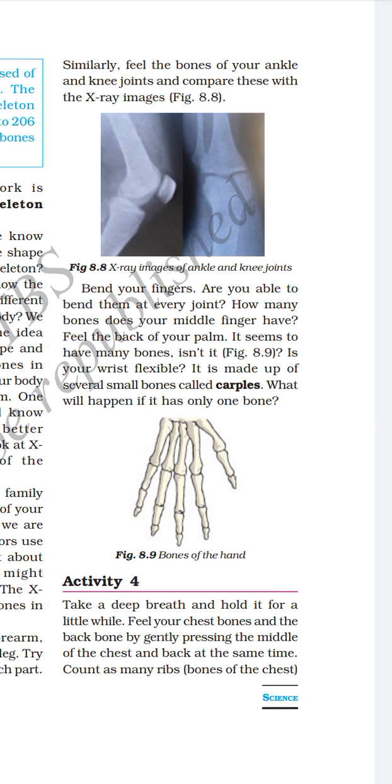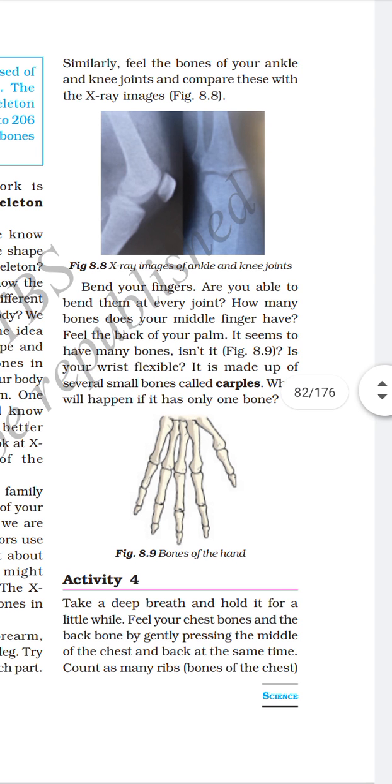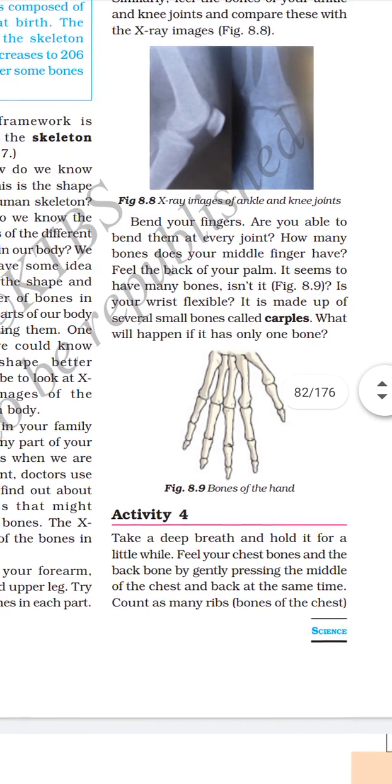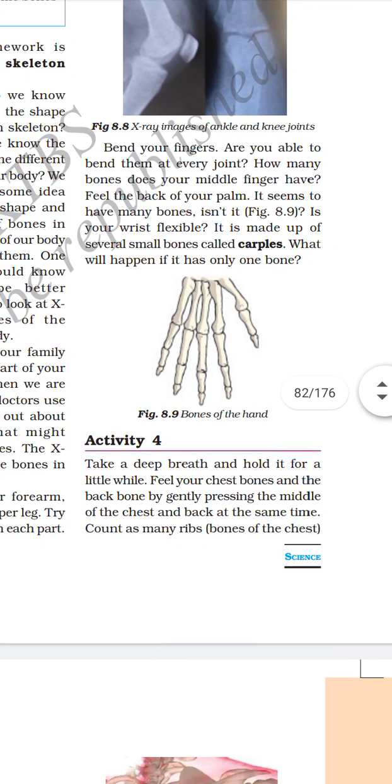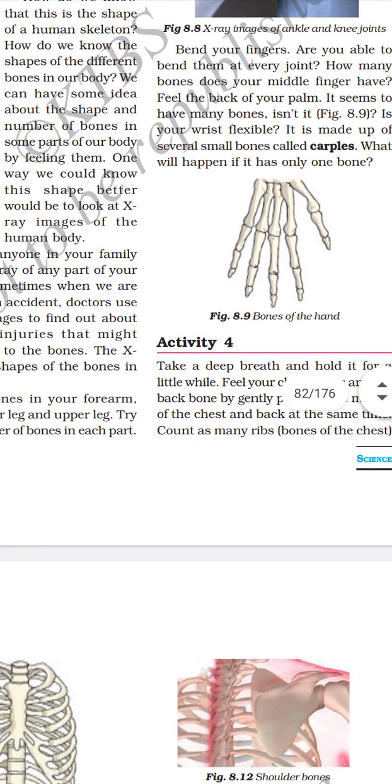It seems to have many bones, isn't it? Is your wrist flexible? It is made up of several small bones called carpals. What will happen if it has only one bone? If it has only one bone, it's difficult to move.